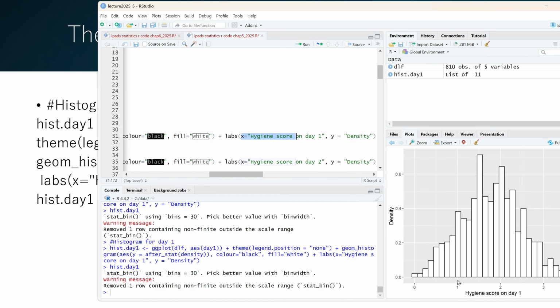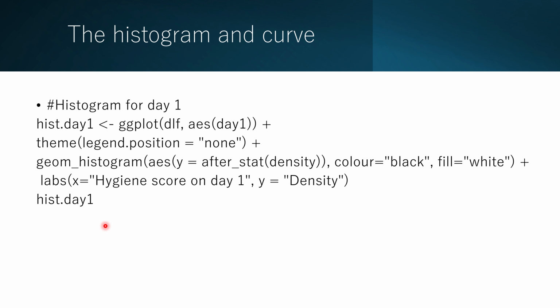And the x title is hygiene and y title is density. This is the meaning of this command.